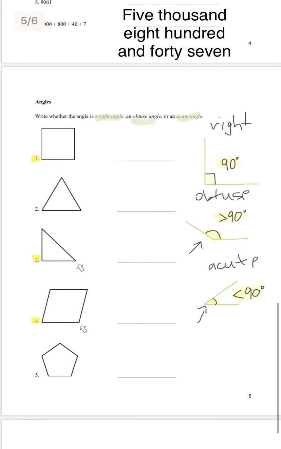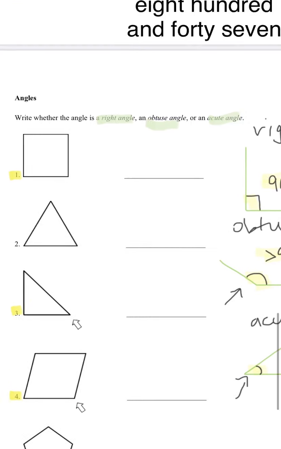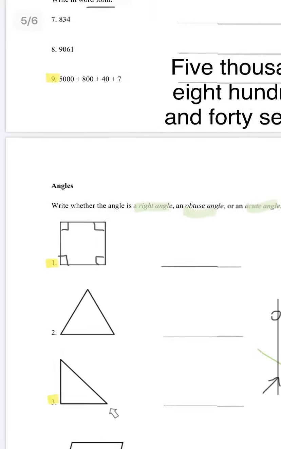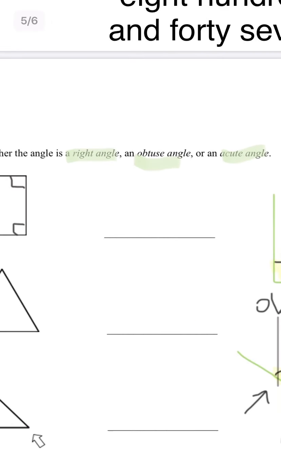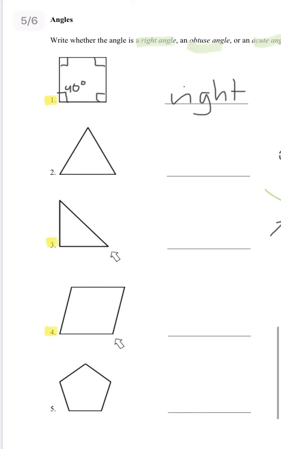Okay, so then now we know our angles. Let's solve some questions. So what angle is this? Well, the angles are all equal to each other. So it is a right angle, right? Because it equals 90 degrees. Okay.